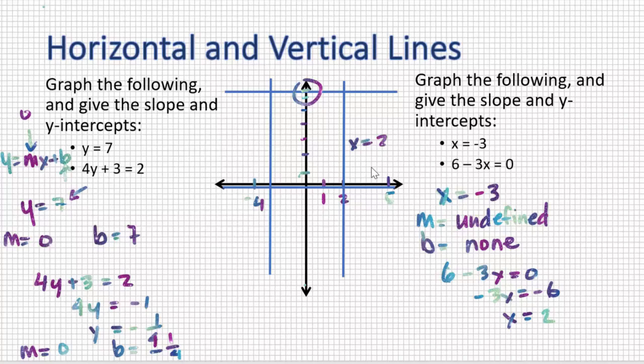Regardless of the value of y, whether the value of y is 0, positive 7, negative 3, the value for x is always positive 2. Again, since this is a vertical line, the slope is undefined, and the y-intercept, well, there isn't one, so I'll write none.